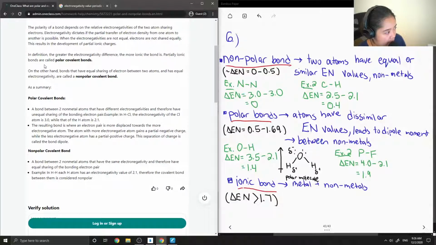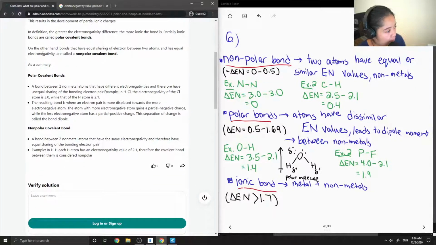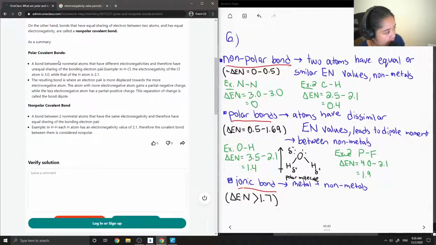Partially ionic bonds are called polar covalent bonds. On the other hand, having equal share of electrons between two atoms with equal electronegativity are called nonpolar covalent bonds. Okay, so they have a summary: polar covalent bonds are between two nonmetals that have different electronegativities and therefore have unequal sharing of the bonding electron pair.